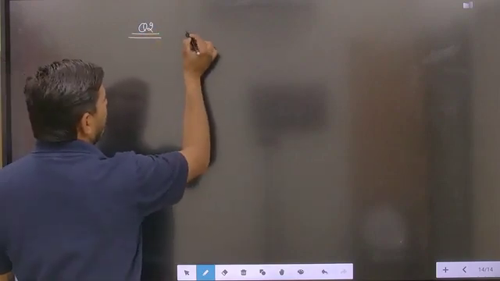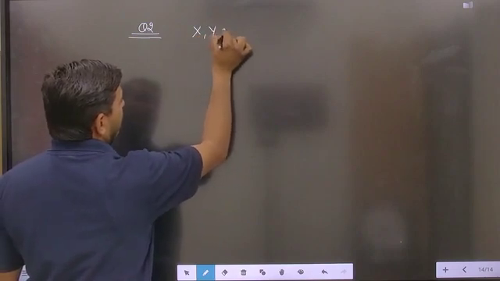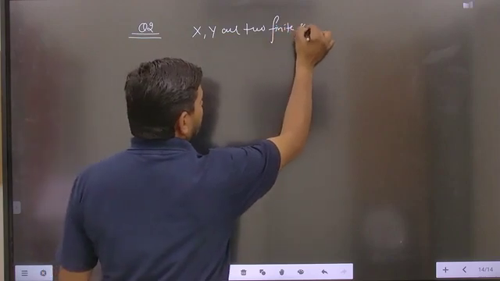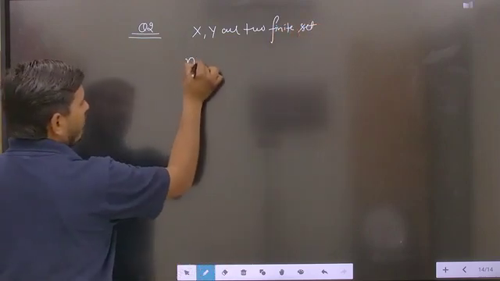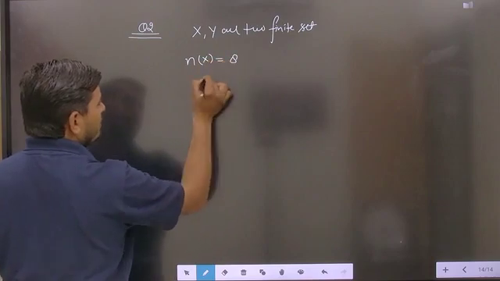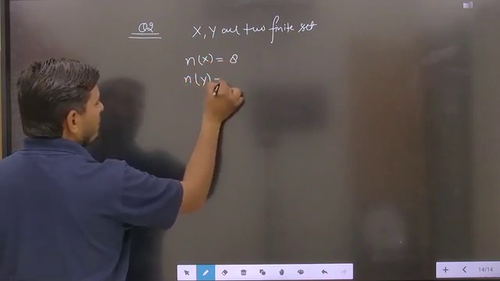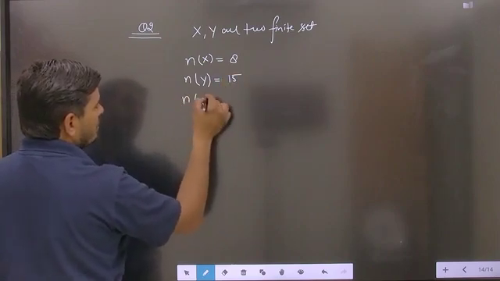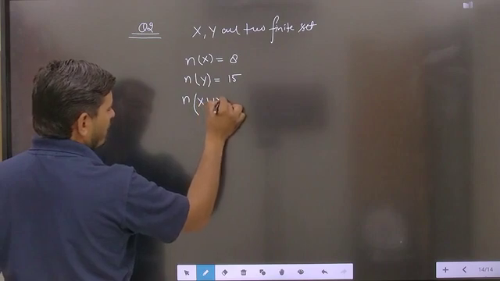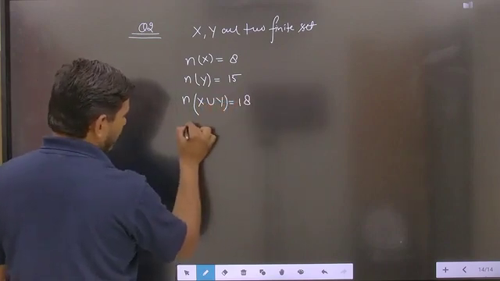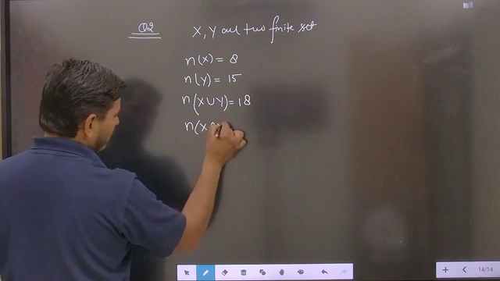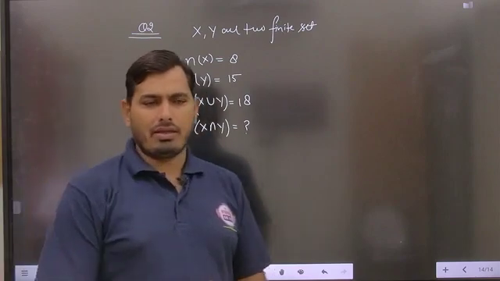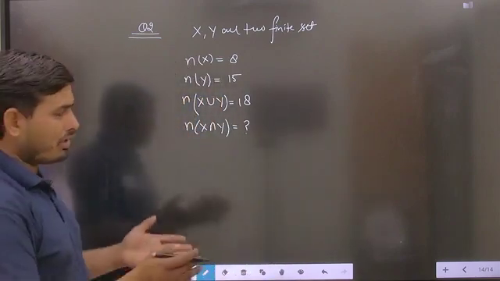Again there are two sets, x and y, two finite sets, where the number of elements in x is 8, the number of elements in y is 15, and the number of elements in x union y is 18. And again students, we have to calculate the number of elements in x intersection y. Is it clear? So again a similar type of question, you can provide the answer.